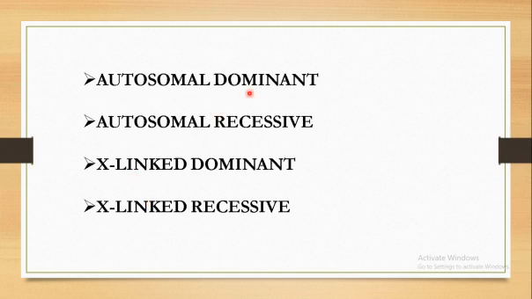And depending upon whether the allele is in the dominant form or the recessive form, we will name them autosomal dominant or X-linked dominant, autosomal recessive or X-linked recessive. So studying pedigrees, we can categorize the characters generally under these four headings. We will see all of them one by one.